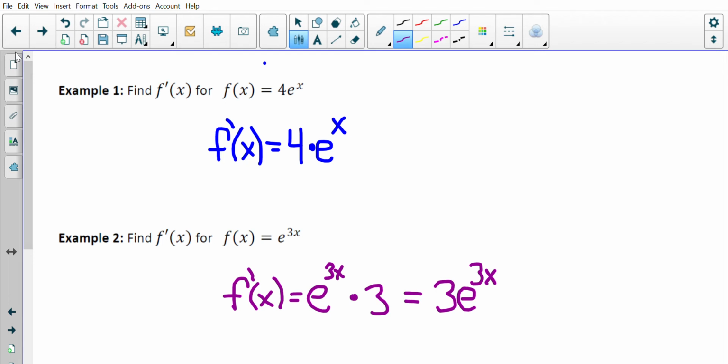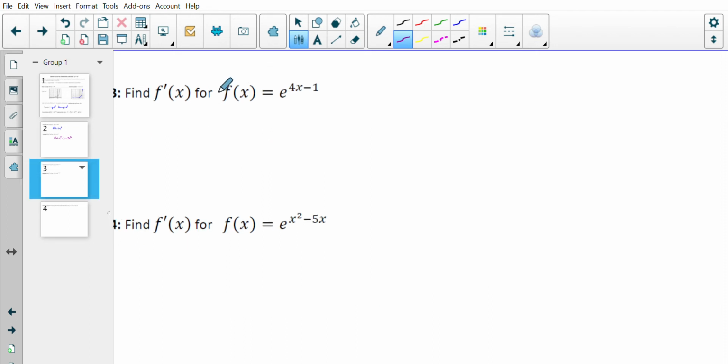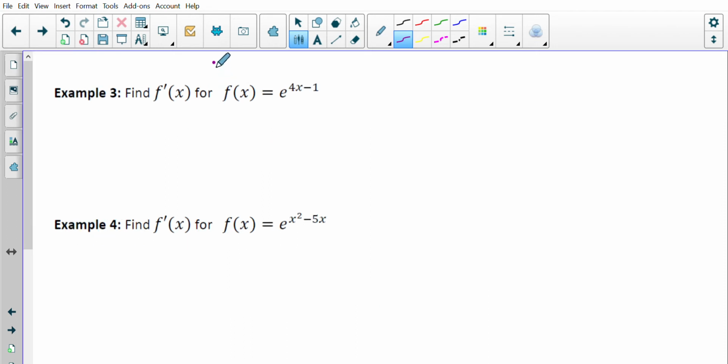All right, so let's get a little more complicated here. Nothing too crazy though, after a long weekend. We have our next derivative. So we've got f of x is equal to e to the power of 4x minus 1. All right, so again, I want to find my derivative. First off, we have the original function, e to the power of 4x minus 1.